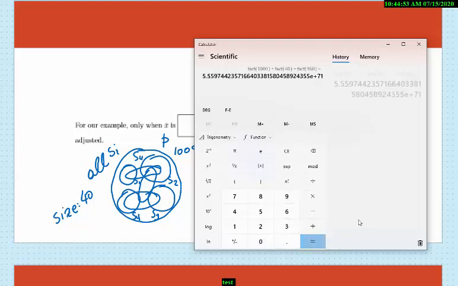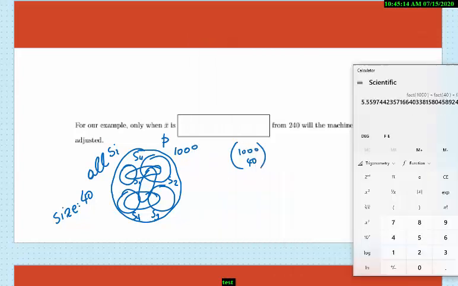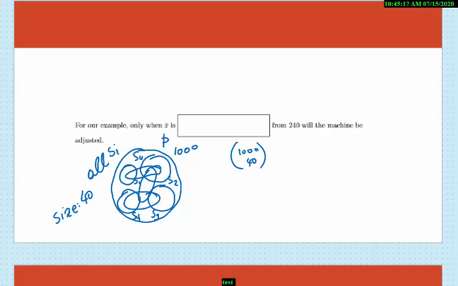The result is 5.55 times 10 to the 71. So you can see right here that we actually have a lot of points, just too many points. Okay, so if you want a mathematical expression for this number, it's nothing else than 1000 factorial divided by 40 factorial times 960 factorial.